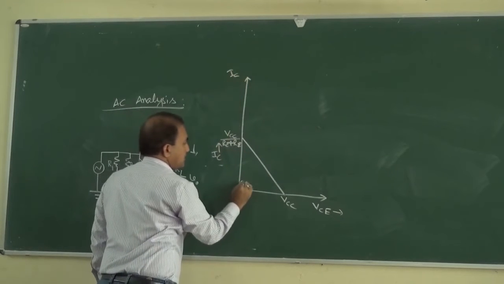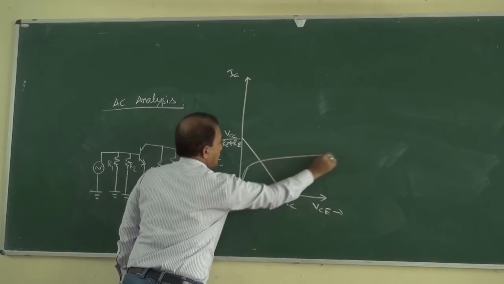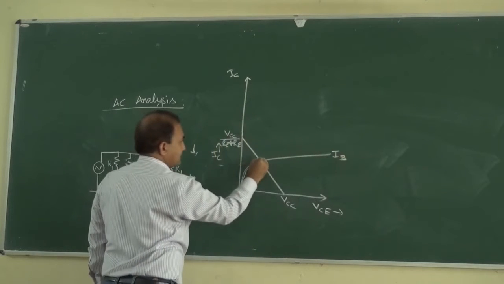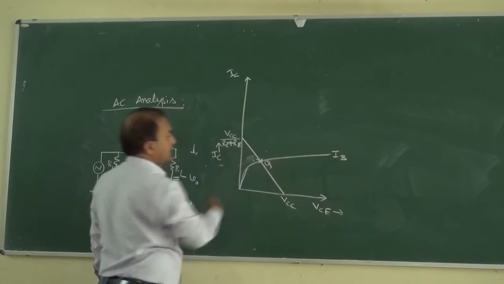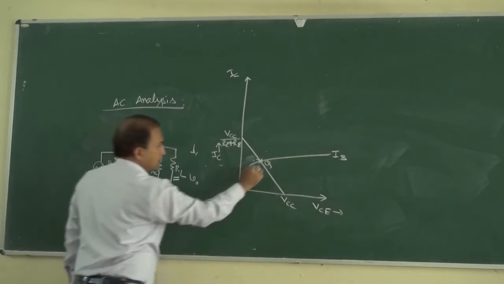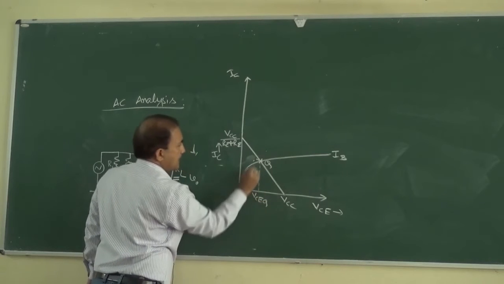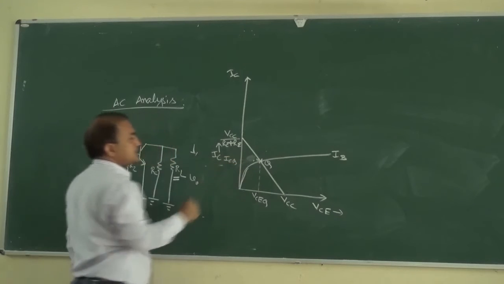Suppose this is IB and this is the Q point. This is VCEQ and this is ICQ.